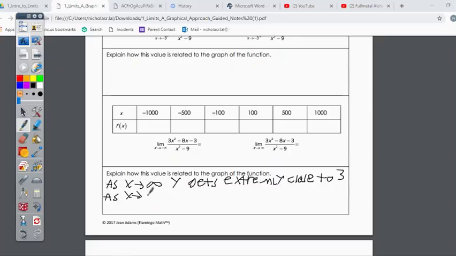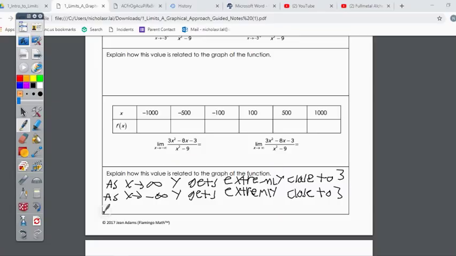As x approaches negative infinity, y gets extremely close to 3.